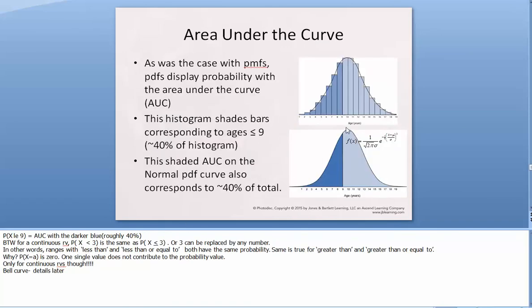In here, the darker shaded area is the probability that X is in the range up to 9. So the probability that X is less than or equal to 9 is the area under the curve with the darker blue shade, and it's approximately 40%. Using the formula, of course, we don't need to know that, but you can figure out that it is about 40%.